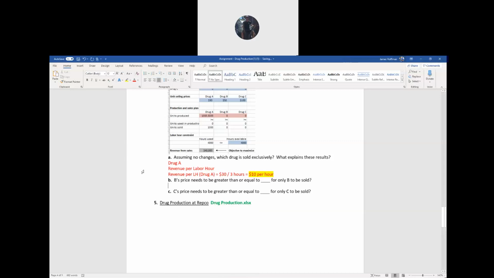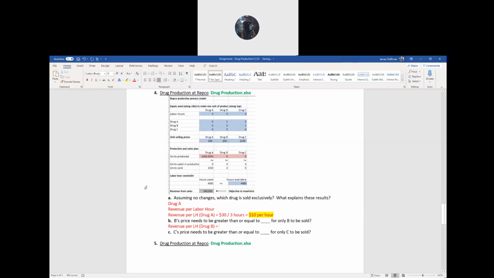Okay, let's calculate the revenue per labor hour for drug B. Drug B's price is 50.